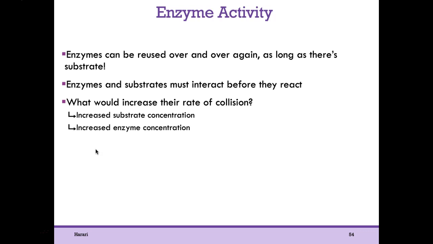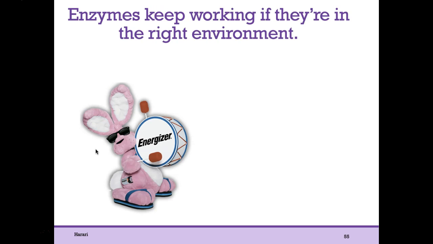Or if there's more enzyme, it's more likely that it will bump into a substrate. Also, increasing the temperature will increase the random Brownian motion of these molecules, which will increase their likelihood of colliding. By changing the pH, like the relative acidity or alkalinity, you can also increase the likelihood of a substrate interacting with its enzyme.